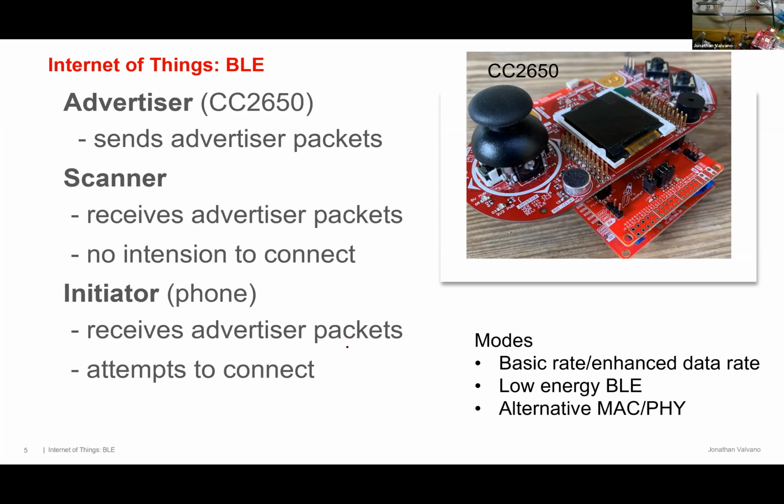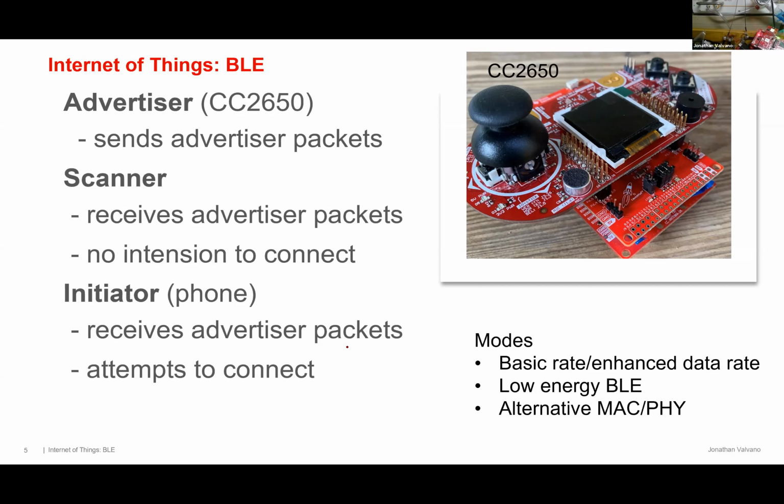Again, I'll show you the C code at the end. When you run Bluetooth low energy, like LightBlue or BLE Scanner, you can run an application in scanner mode and just look for advertising packets, look for advertisers without the intention of connecting.